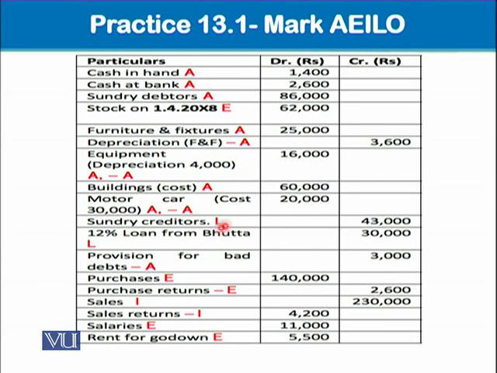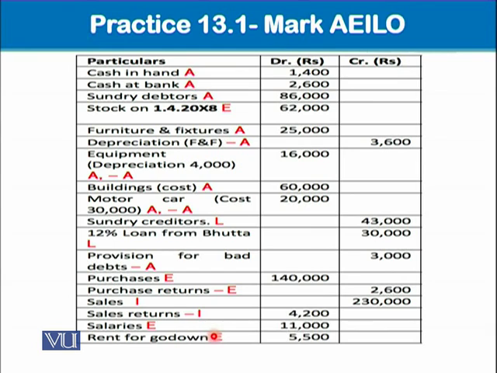Sundry creditors, liability. Loan from Bhutta is a liability. Provision for bad debts is contra to asset, minus A. Then purchases, expense. Purchases return, minus E, contra to expense. I for income, and minus I, contra to income, for sales return.